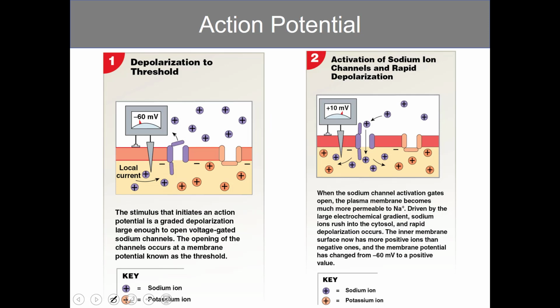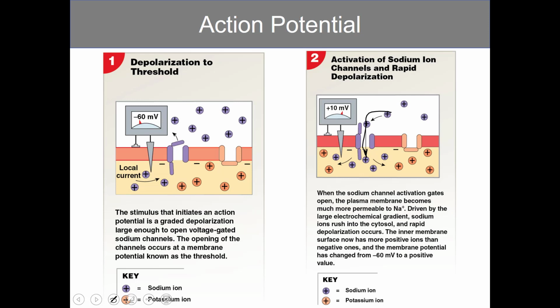Step 1, depolarization to threshold. Some stimulus that initiates an action potential starts with a graded depolarization that is large enough to open the voltage-gated sodium channels. The opening of these channels occurs at the membrane potential known as the threshold. Step 2, activation of sodium ion channels and rapid depolarization. When the sodium channel activation gates open, the plasma membrane becomes much more permeable to sodium because sodium now can freely flow into the cell.